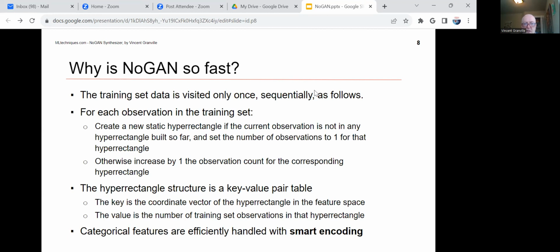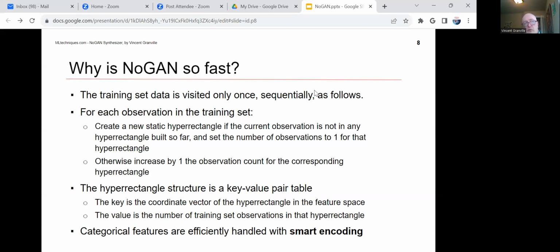Here it can get technical as well, so I'm not going to go too much into the technical detail, but why is NoGAN so much faster than neural network-based methods like GAN? In fact, there are a few simple explanations. The training set that you use to create your synthetic data is going to be visited only once, sequentially, one observation at a time.